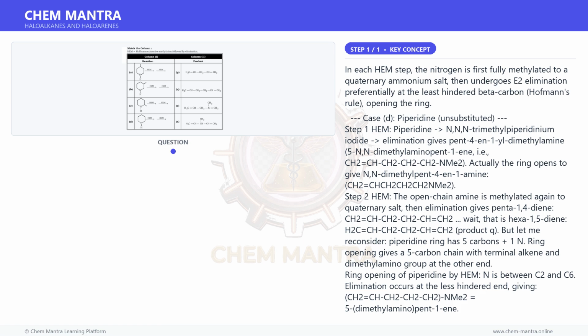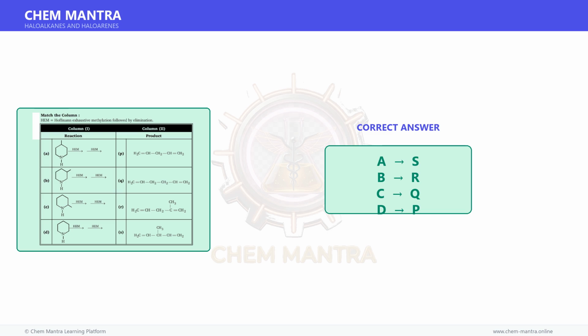D, piperidine gives P, H2C=CH-CH2-CH=CH2. Therefore, the correct matching is A matches S, B matches R, C matches Q, D matches P.